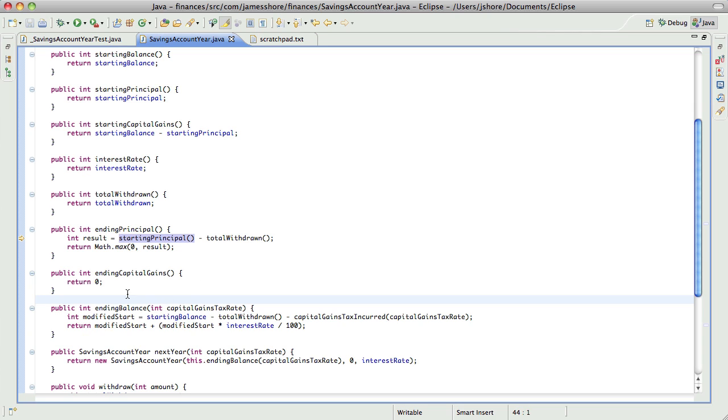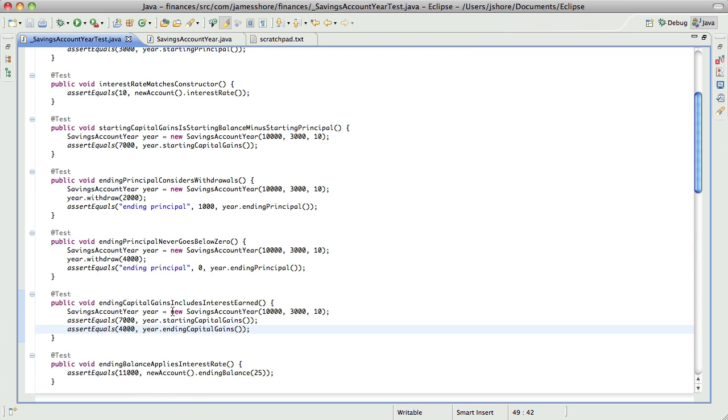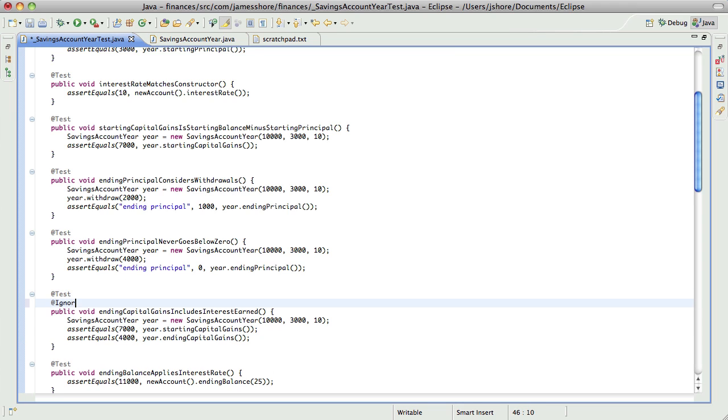And how do we want this to work? Well, the ending capital gains should be starting capital gains plus the interest earned. I think I might actually like to explicitly call out the interest earned over the course of the year.